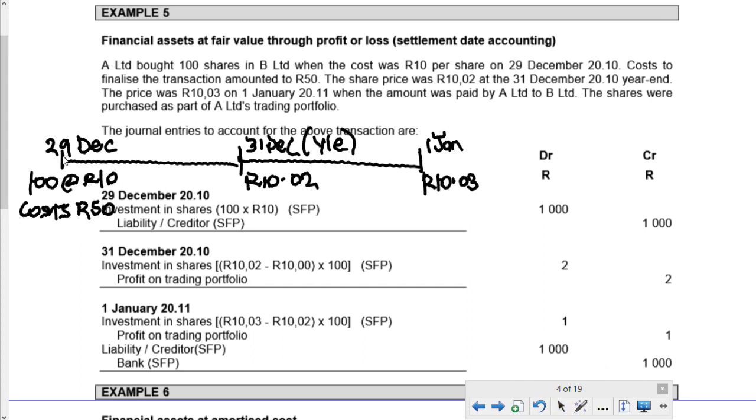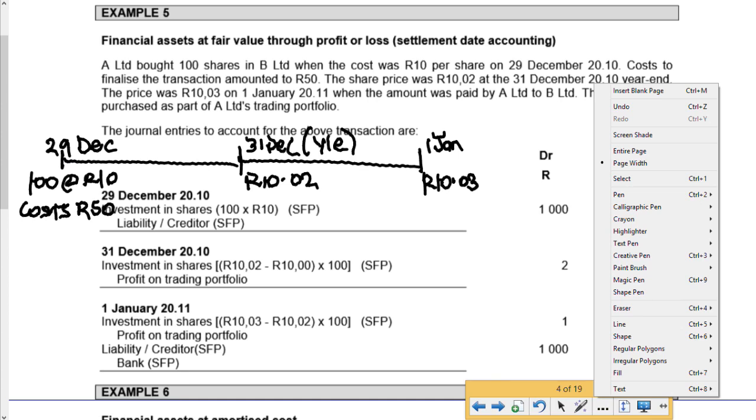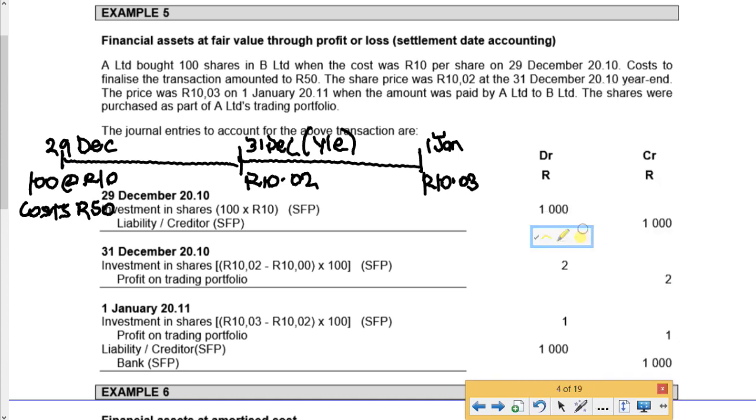So this is important. It was part of the trading portfolio. So remember what we say when we have shares. The default is fair value through P&L. But if it's not held for trading, they can elect fair value OCI. This one is held for trading. And they didn't say anything about management electing OCI.